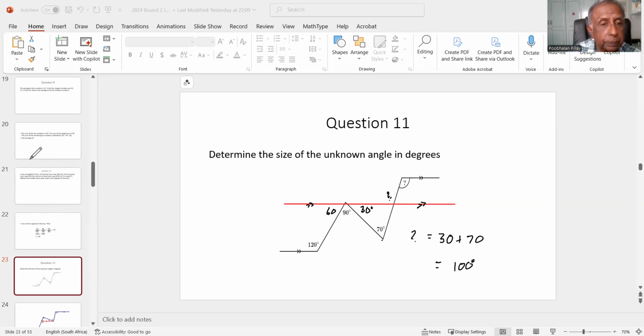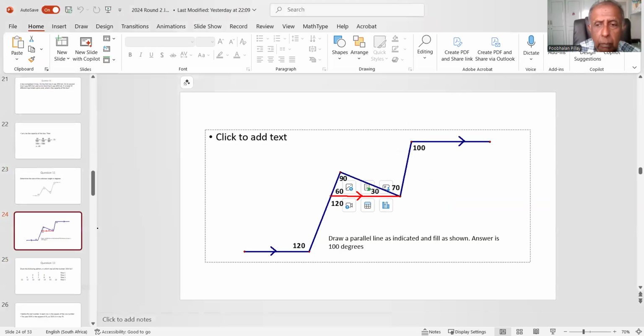All right. Let's just look at these drawings. Oh, so I drew the line parallel at the bottom. Okay, so this was the other way of doing it. And eventually I get to the same answer, as you can see.